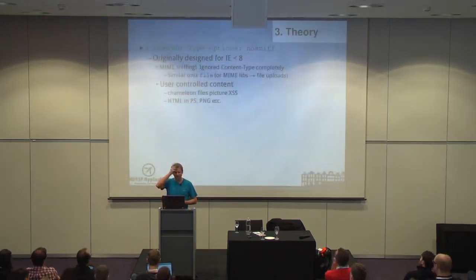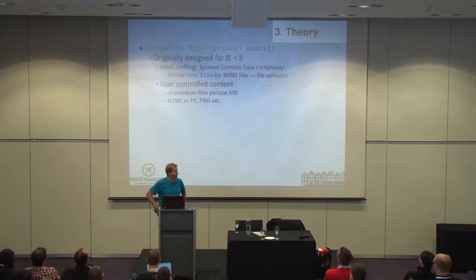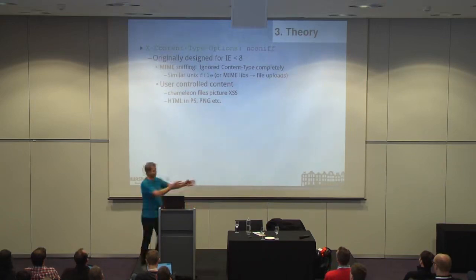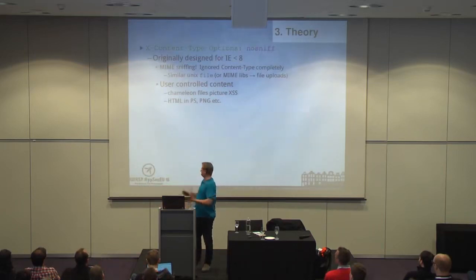X-Content-Type-Options, yes. That was invented by Microsoft during development of Internet Explorer 8. Up to IE7, the browsers wanted to be smarter than the server. So basically, the web server said, "This is an image. I give you an image. It's image/PNG." And the browser said, "Oh, I don't trust you. I'm a robot.